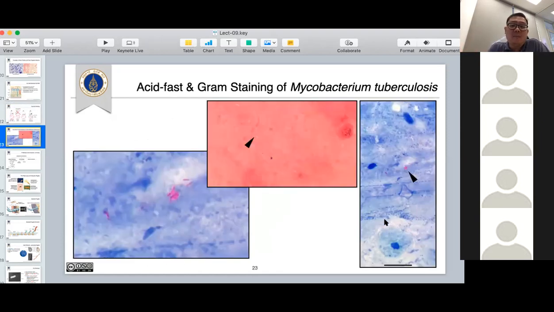You probably see some bacteria like small dots here, maybe not so clear. But the thing you want to observe is the red one. In fact, it's so small, but I zoomed it.